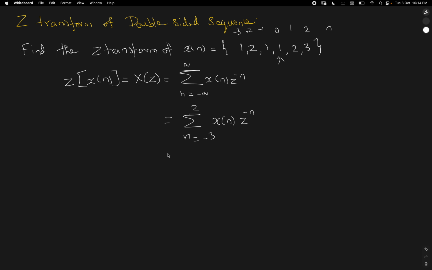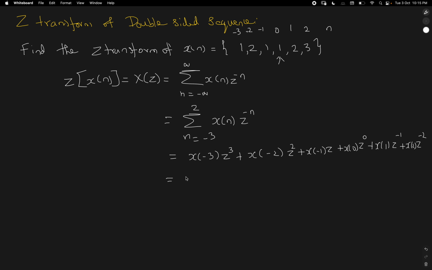So if you expand this, then you will get x of minus 3 z cube, I am just substituting the values of n in this equation, plus x of minus 2 z square plus x of minus 1 z plus x of 0 z power 0 plus x of 1 z power minus 1 plus x of 2 z power minus 2.